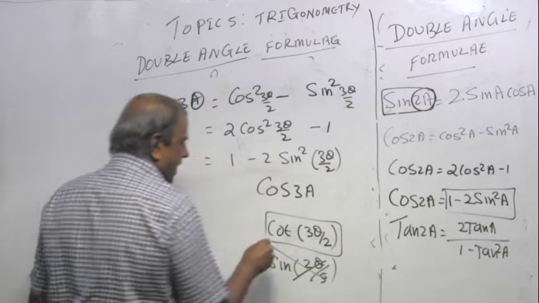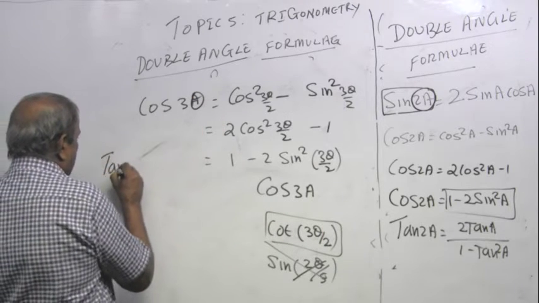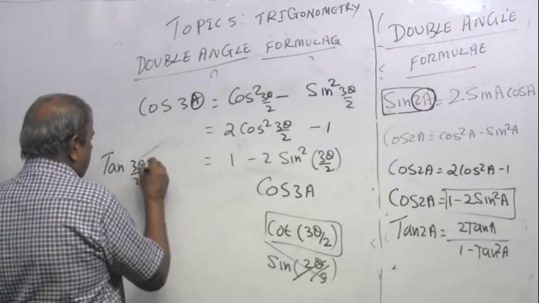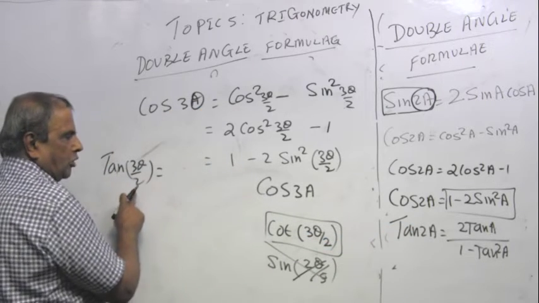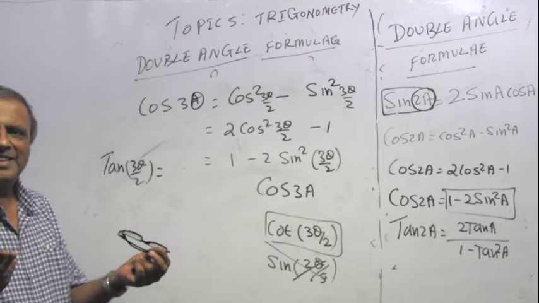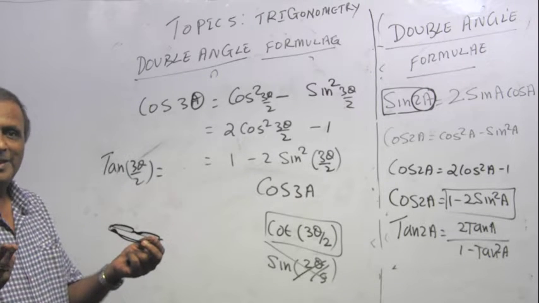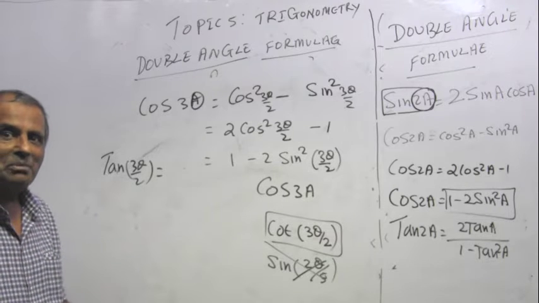Let's do this. I can't get cot, so I do tan. So tan 3 theta over 2 equal to, look, your 2a is 3 theta over 2. So your a is, what's it? Come on. 3 theta over 2 divided by 2. 3 theta divided by 4.